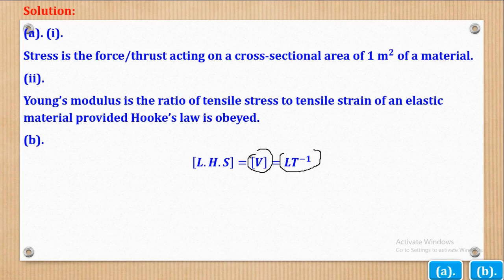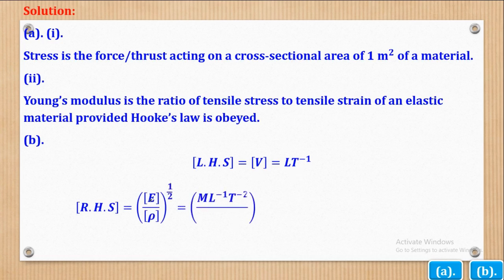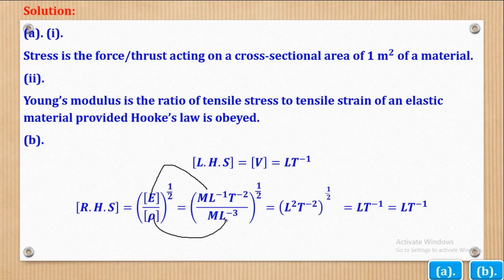This box bracket means that you are getting the dimension of v, which is, remember, velocity is meters per second, therefore meters is denoted by length, capital L, per second is T to the power -1. Then on the right hand side we had this formula, so this was Young's modulus, the dimensions are those, then density, the dimensions are those.